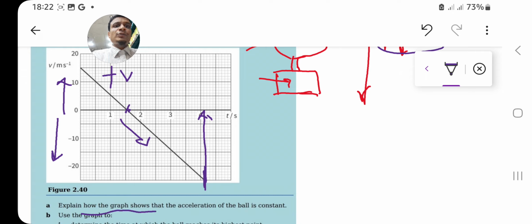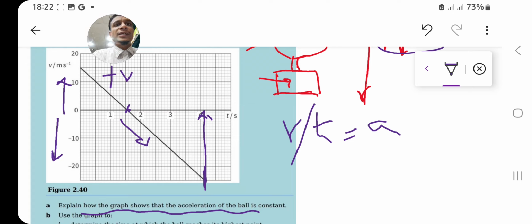Explain how the graph shows the acceleration of the ball is constant. We know that the gradient or slope of the v-t graph is acceleration. Acceleration is the change in velocity divided by the change in time.